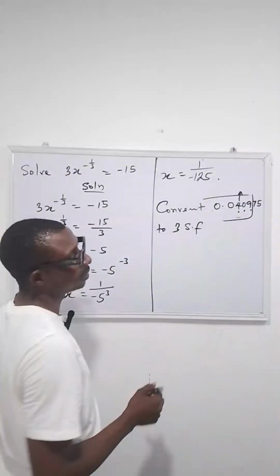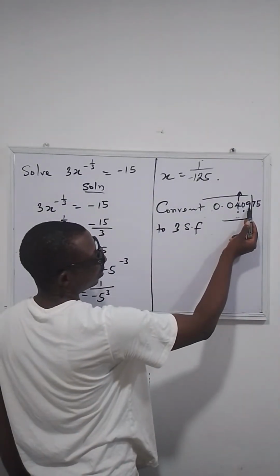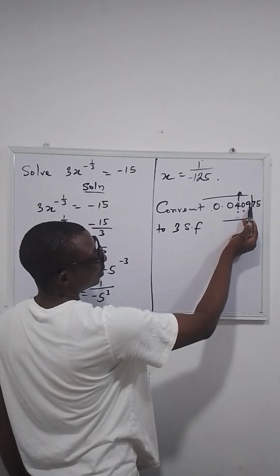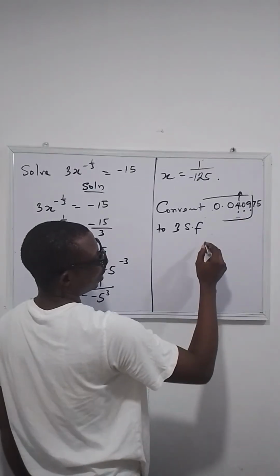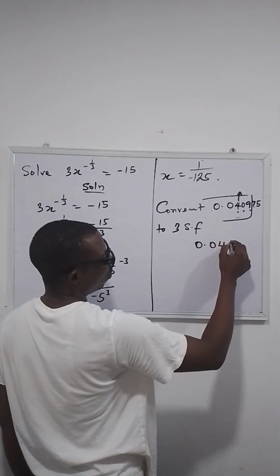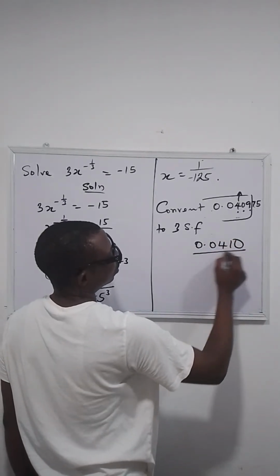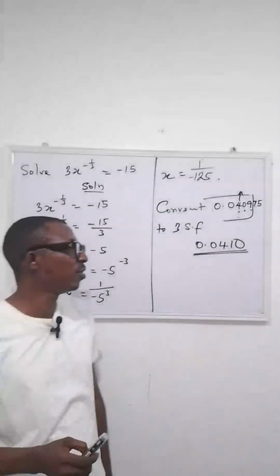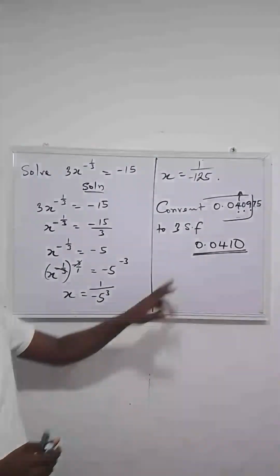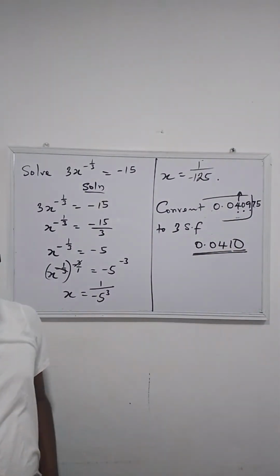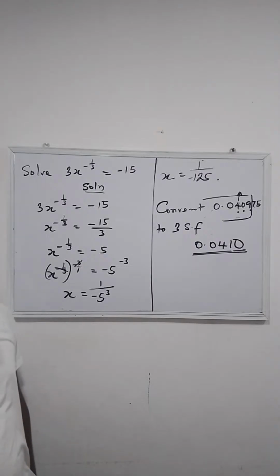But when you look at it now, at your last count, the next digit is up to 5. So you have to increase this by 1. So now your answer is going to be 0.0410. So it's not 0.041, it's 0.0410. Okay? So that is the answer to the problem.